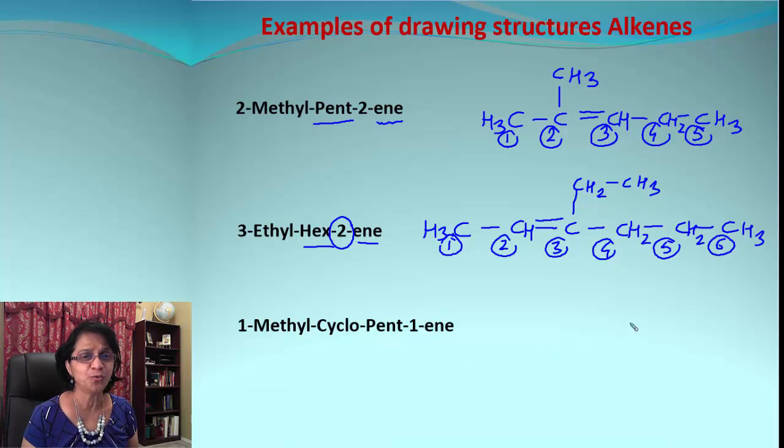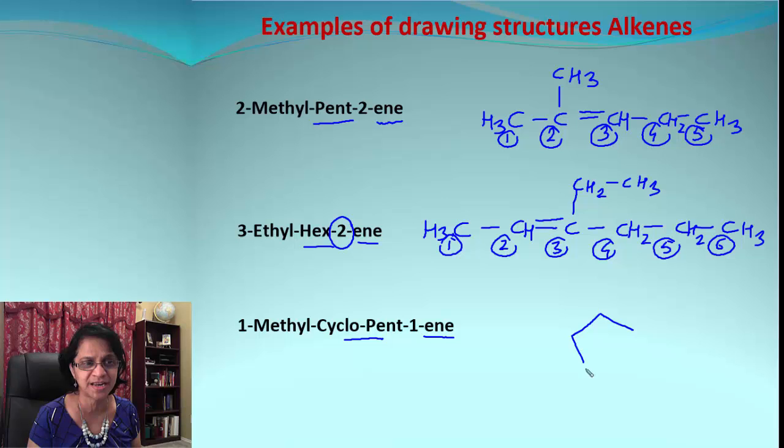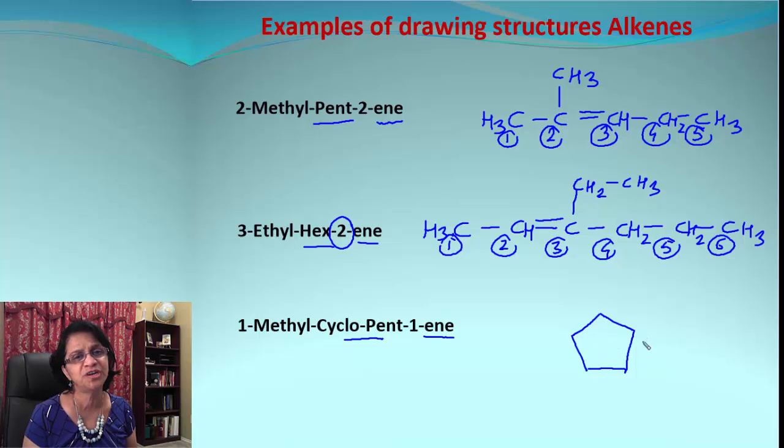Now let's work on one more cycloalkene. So this is methylcyclopentene. Penta stands for 5. That means we need to have a cyclopentane ring. When you're drawing structures for cycloalkanes, you can just draw the rings. You don't need to write carbon and hydrogen numbers every time. You can if you like to, but I prefer not to.